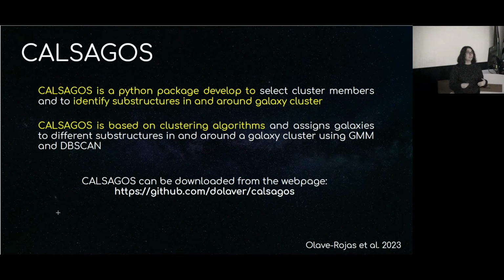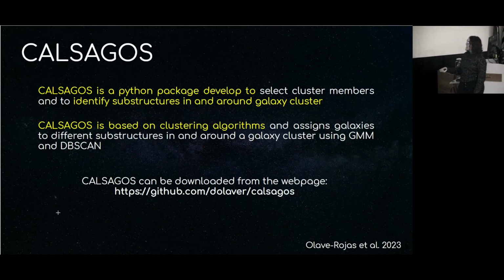In my first version of Calzagos, my interest was to identify substructure in and around galaxy clusters. However, nowadays I need to identify structures, substructures or clusters in superclusters or in big areas, for example the Fornax area.